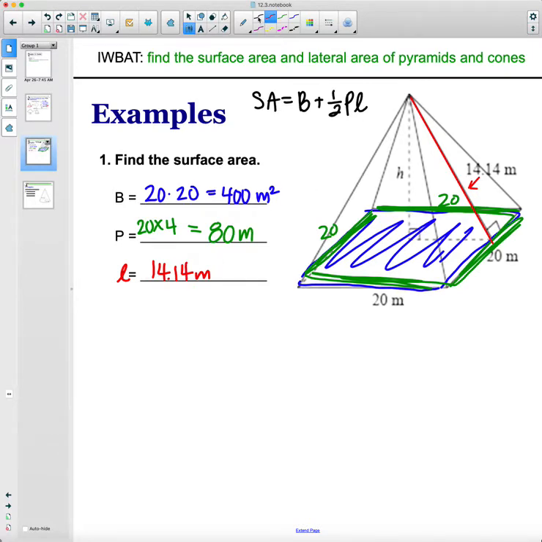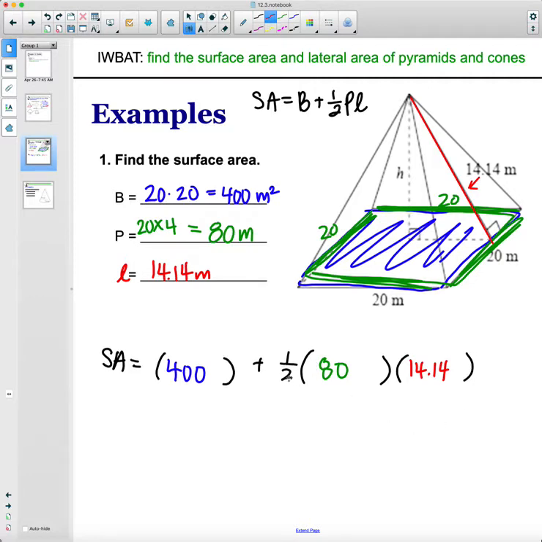Then we would just plug these into the surface area formula. So surface area equals area of the base plus 1/2 the perimeter times the slant height. So area of the base was 400. Perimeter of the base is 80. The slanted height, okay, the slanted height was 14.14. Then just plug this into your calculator.